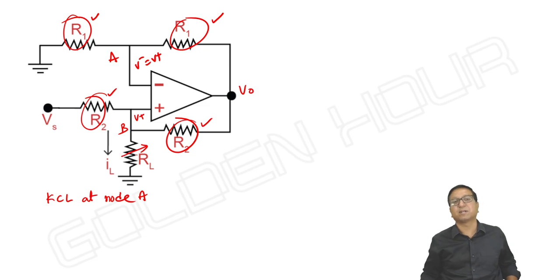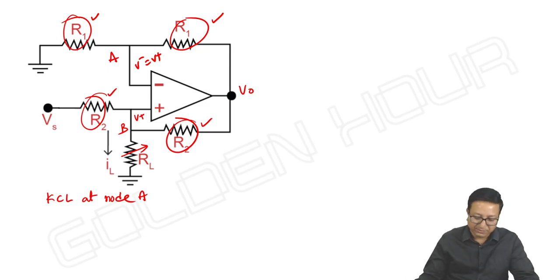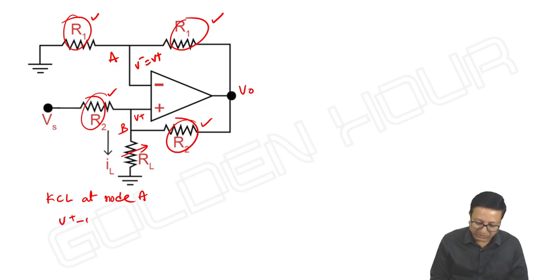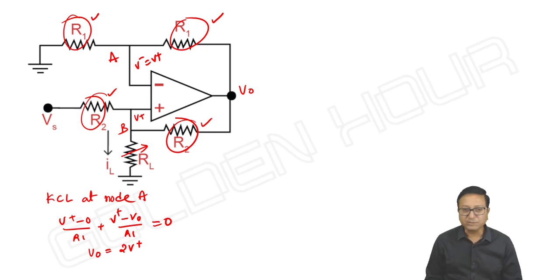We need not worry about RL. Then V plus minus 0 by R1 plus V plus minus V output by R1 is equal to 0. So V output is equal to 2V plus. Keep it aside.